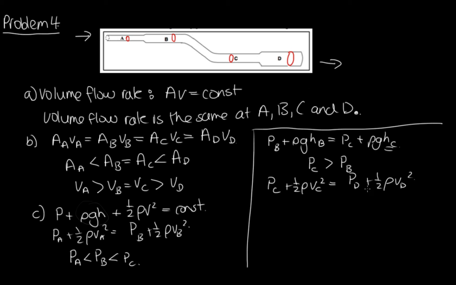And the velocity at D is smaller, so this is smaller, and so the pressure at D has to be larger to compensate for that difference. So the pressure at D is greater than the pressure at C. So we can add this to this expression over here as well, and so we've got the pressure at D is the greatest pressure. So D has the largest pressure, followed by C, B, and A.